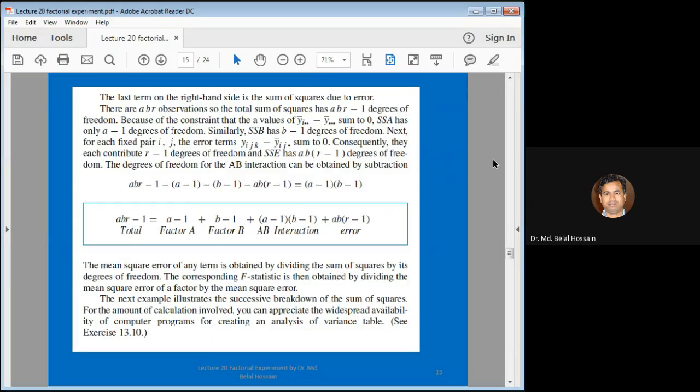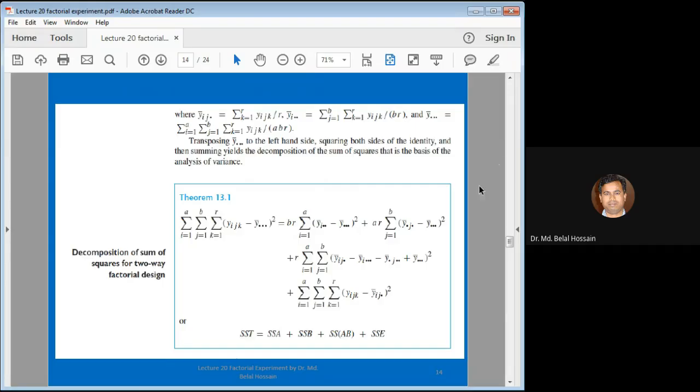Okay, so these are the sum of squares: we have 1, 2, 3, 4 on the right hand side, and on the left hand side we have the total treatment sum of squares too.